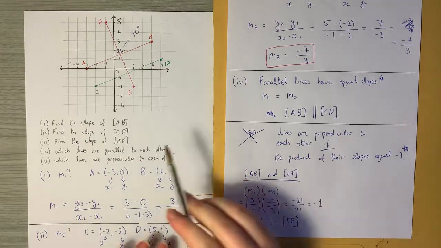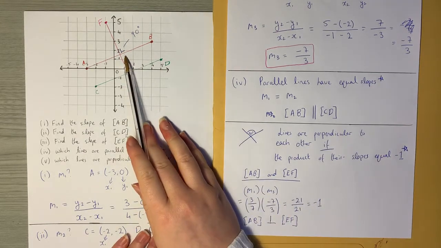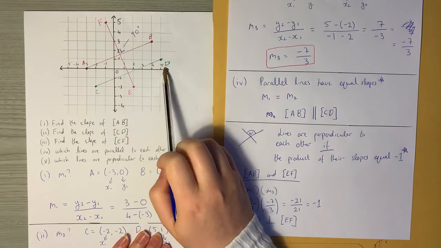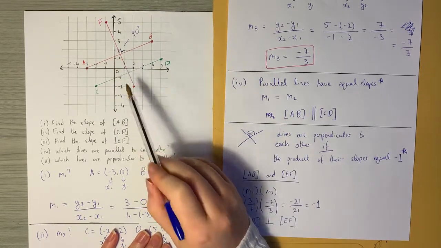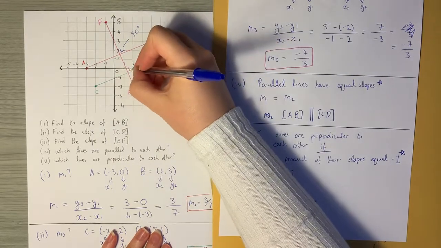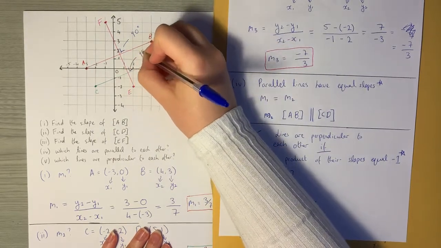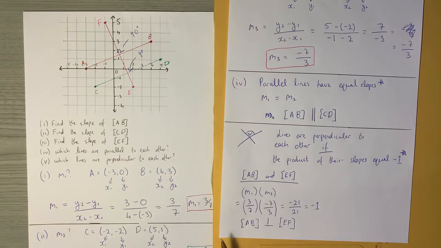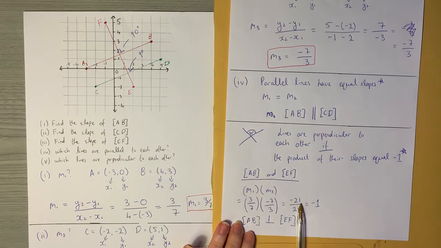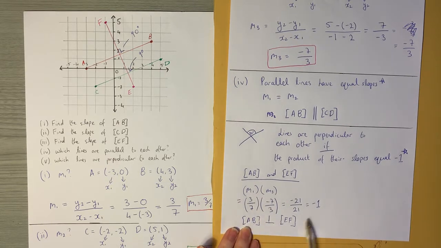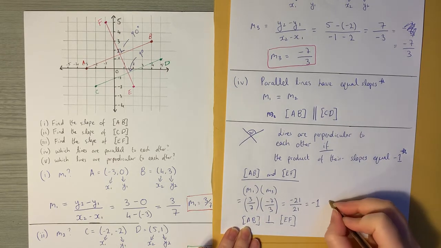And because AB and CD have the same slope, because they are parallel, that means that the line EF is also perpendicular to CD. Again, we could show that mathematically, but it would just be the same thing written out again. We could do M2 times M3 and we would get the exact same, minus 1.